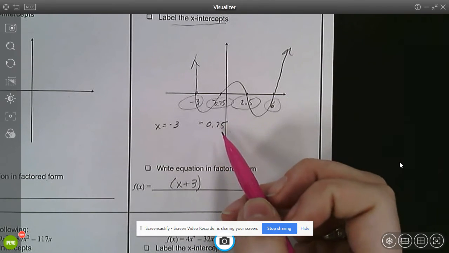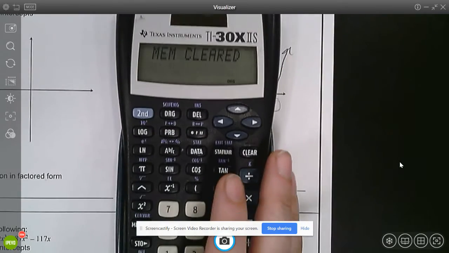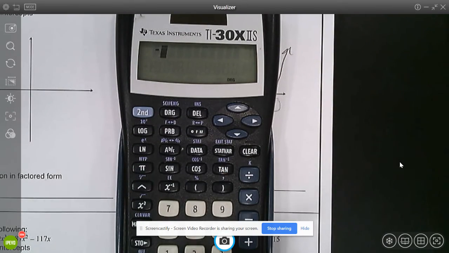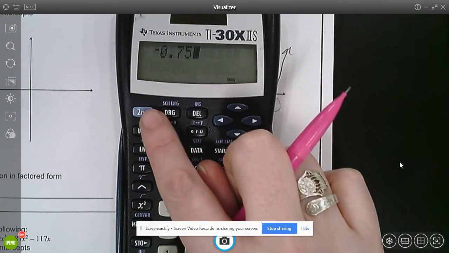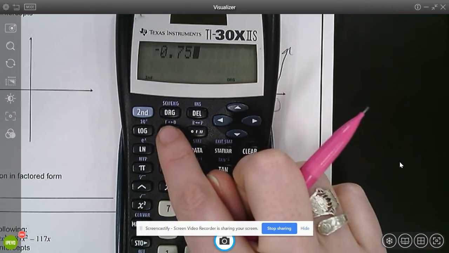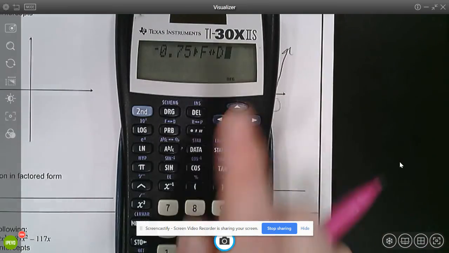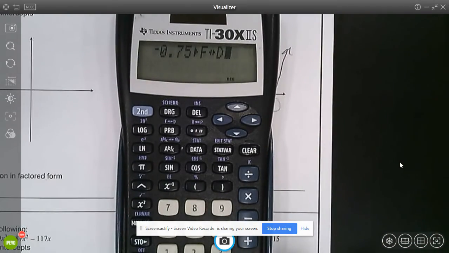Now, if you don't know offhand that -0.75 is 3/4, I can go in my calculator, type in -0.75, and I'm going to press second and this PRB button. See the little F to D on top? That means fraction to decimal. So fraction to decimal or decimal to fraction, it goes both ways, and then I press enter.